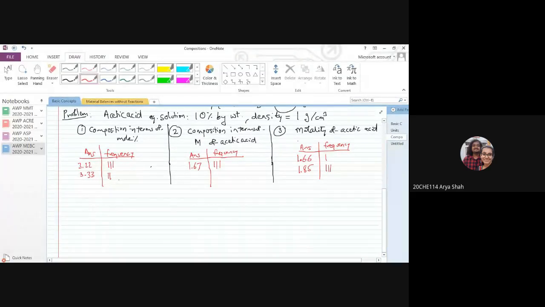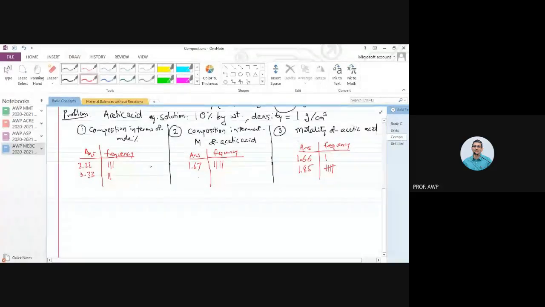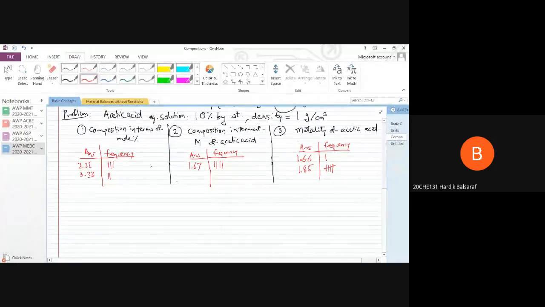So for molarity it's 1.67 and for molality it is 1.85. Any other answer? So for molality, it is 1.85. 1.85 seems to be popular, I don't know if it is correct or not. Mole percent is 3.33.